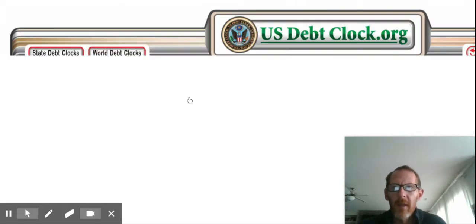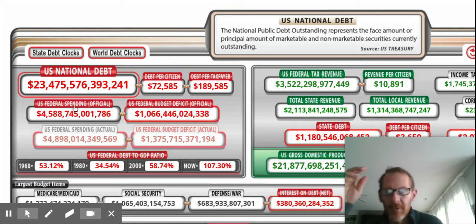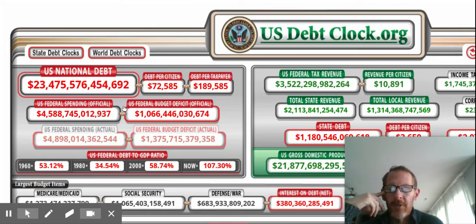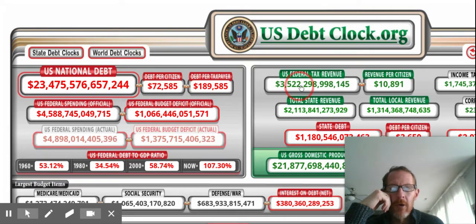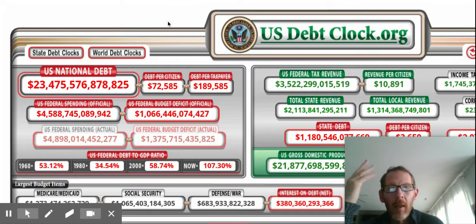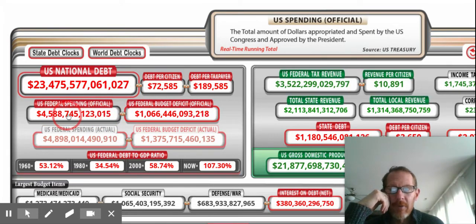As our debt clock comes up, you can see our national debt is over $23 trillion and our deficit is over $1 trillion. As you know, the more money that comes in and the less money that we spend, the more we move towards what we call a budget surplus. However, if we bring in less money, or if spending goes up, we go into deficit.